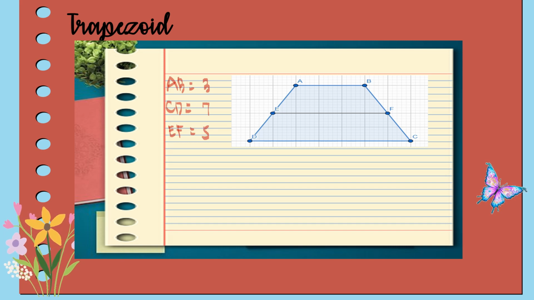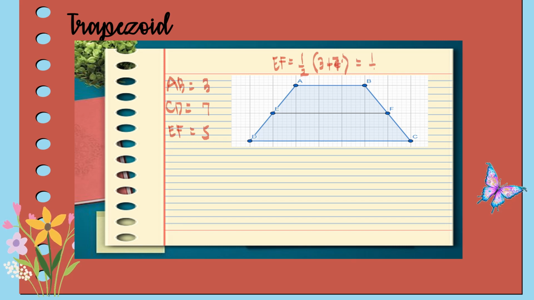So the grid has made obvious the fact that the length of the median of any trapezoid is half the sum of the lengths of the bases. That is, EF is equal to 1/2 the sum of AB, which is 3, and CD, which is 7.